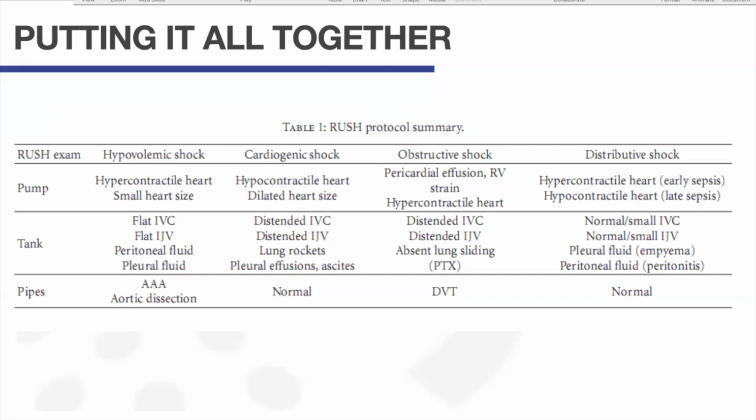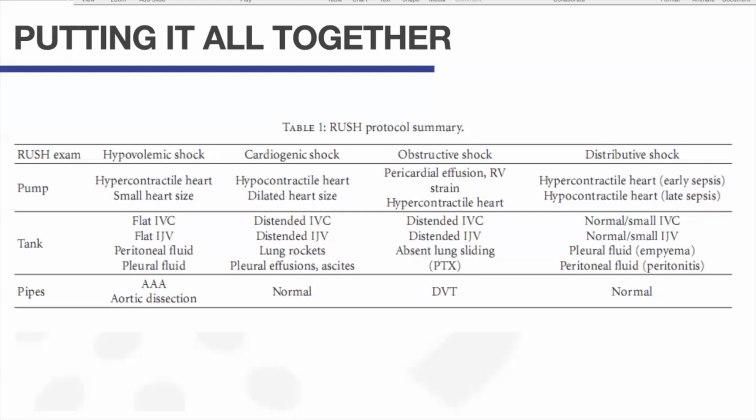For example, if they have AAAs and perforated viscus, so they have loss of fluid. That suggests free fluid in the tank. Also on assessment of the aorta, there is abdominal aortic aneurysm or even aortic dissection, suggestive of hypovolemic shock.